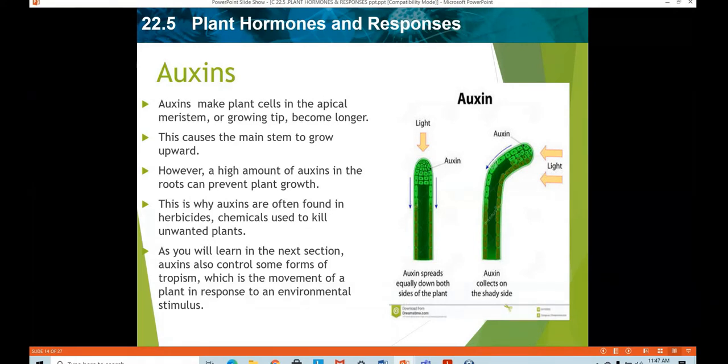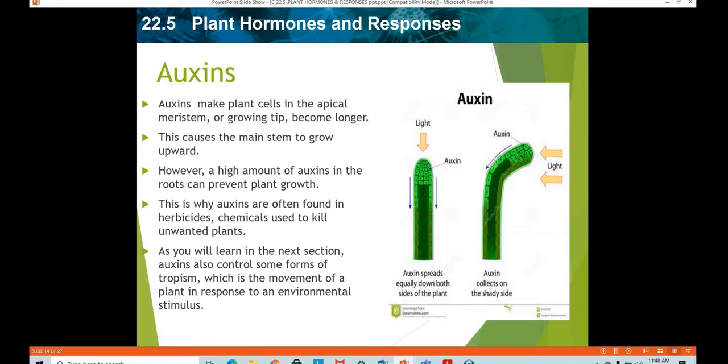Whenever you see a plant growing, you can see it grows facing towards the sun. That response to the stimulus is known as phototropism. Similarly, tropism can be described as the movement of a plant in response to environmental stimuli. To any stimulus in the environment, if the plant is moving, such movement is known as tropism.